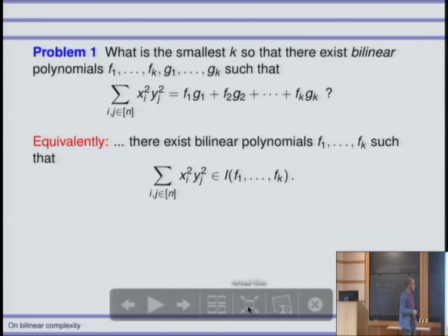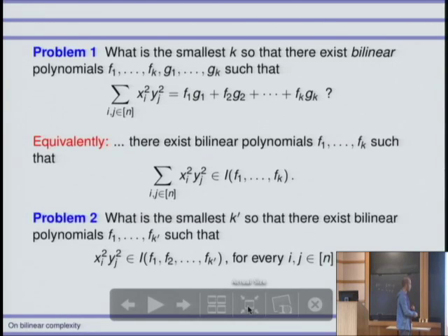Now, if you formulate it this way, one relatively naturally asks the following question: instead of thinking about the sum of squares of the products xi, yj, simply ask how many bilinear polynomials you need so that you can place every term individually into the ideal generated by them.